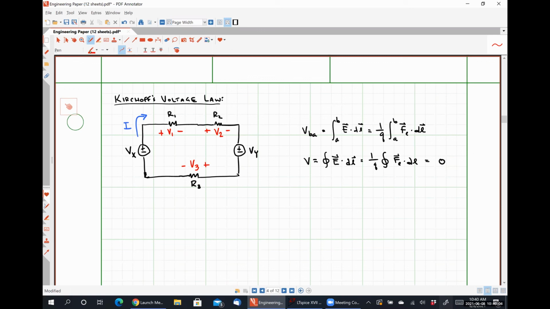So Kirchhoff's voltage law tells me that if I start here at the bottom left-hand corner and I follow my current around this path and wind up at the bottom right-hand corner, I can develop a relationship, okay? So for this particular example, my Kirchhoff's voltage law equation should be negative Vx.